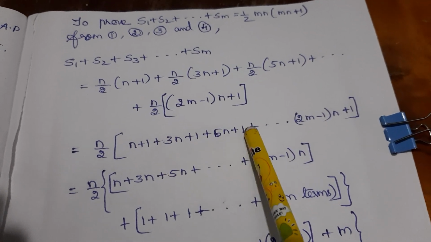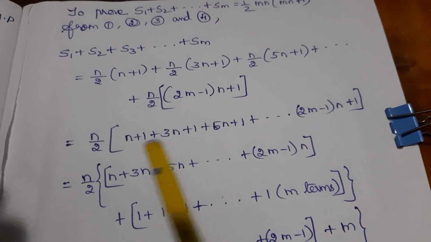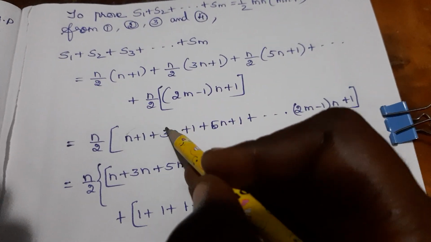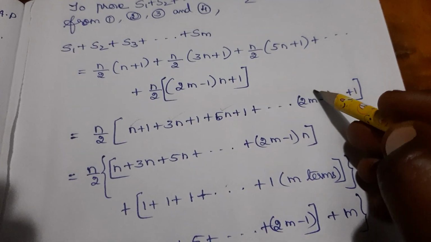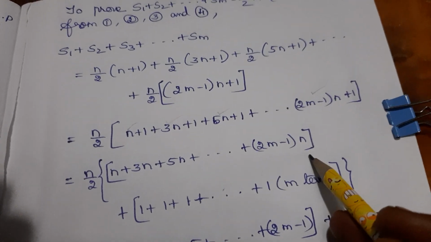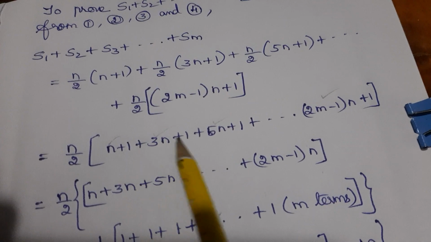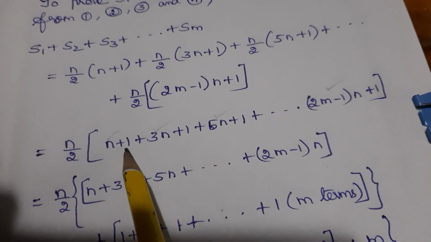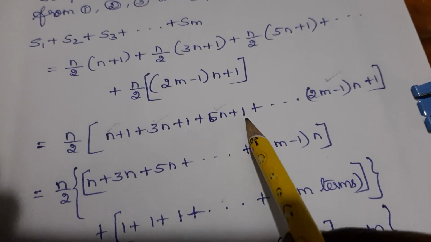The remaining numbers you take separately. So n plus 3n plus 5n plus etc. plus (2m minus 1) into n. Then remaining 1 plus 1 plus 1 etc. plus 1. So first term, second term, third term, etc.